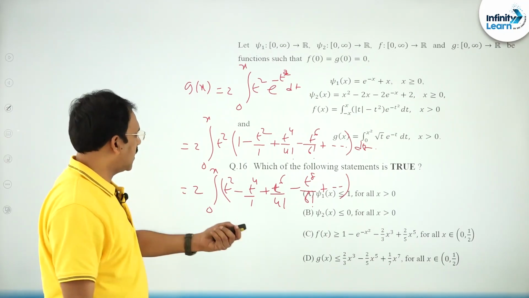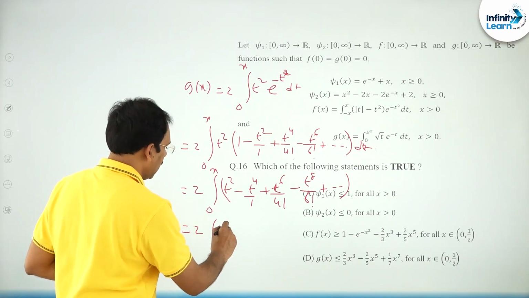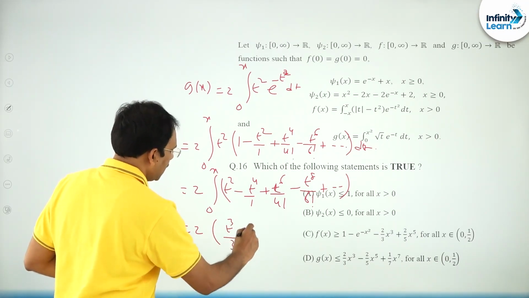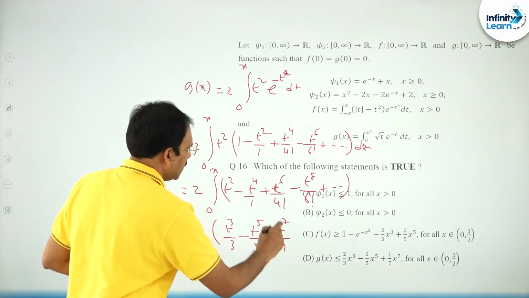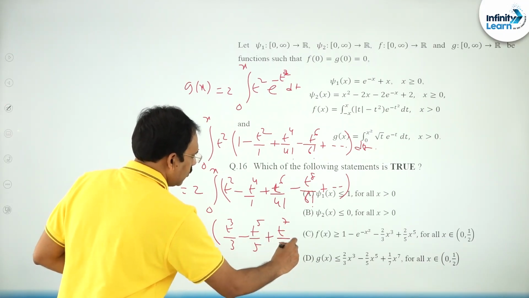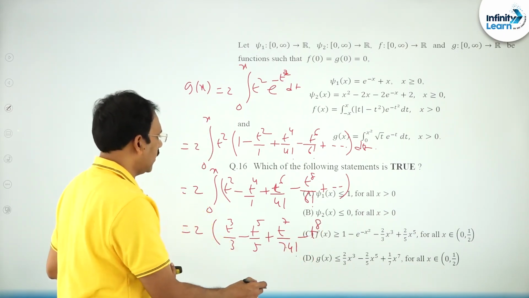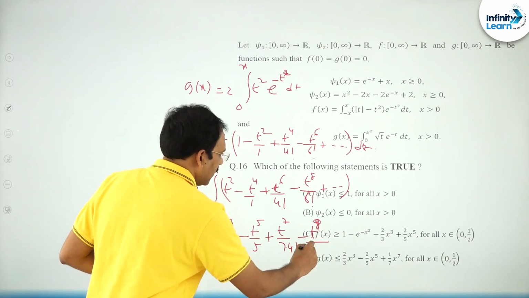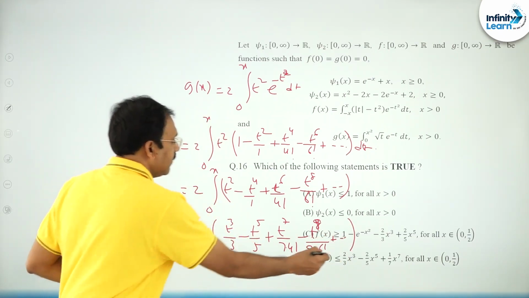Now you just integrate over x, this is going to be twice of t cube by 3 minus t power 5 by 5 plus t power 7 by 7 into 4 factorial minus t power 9 by 9 into 6 factorial and so on, within the limits 0 to x.